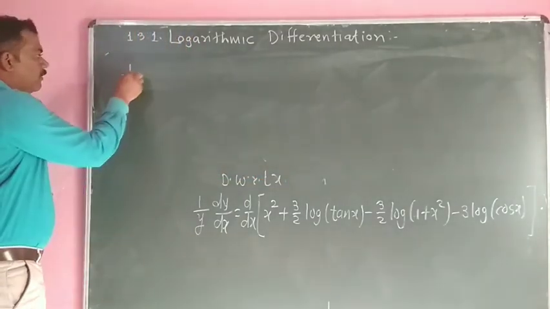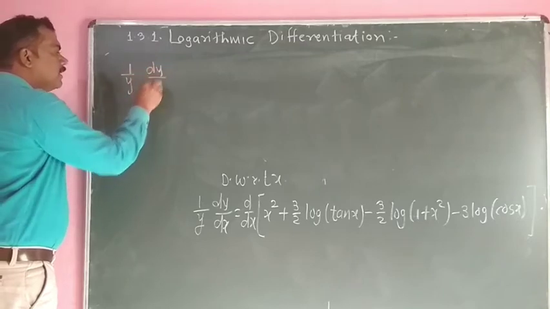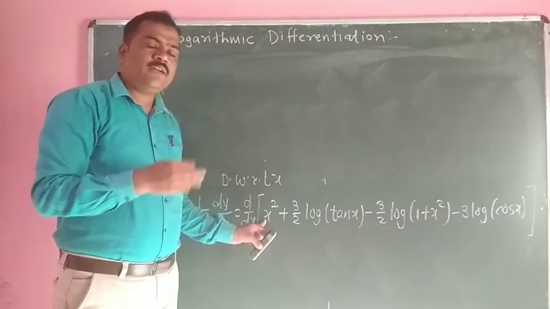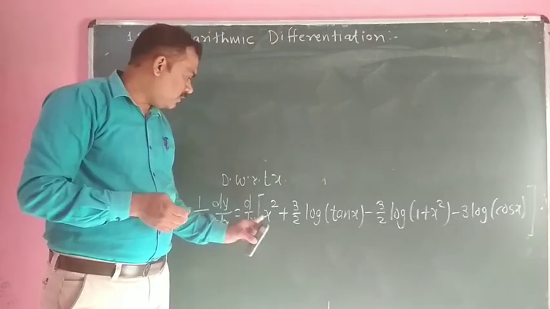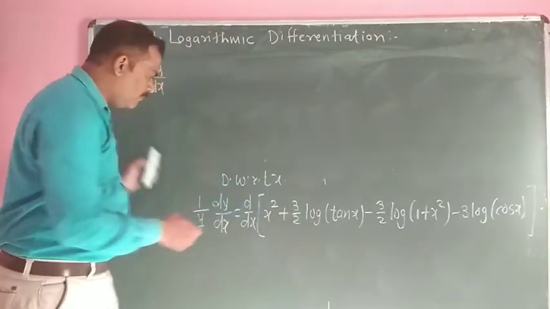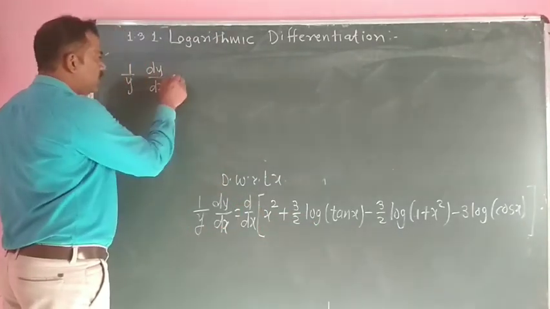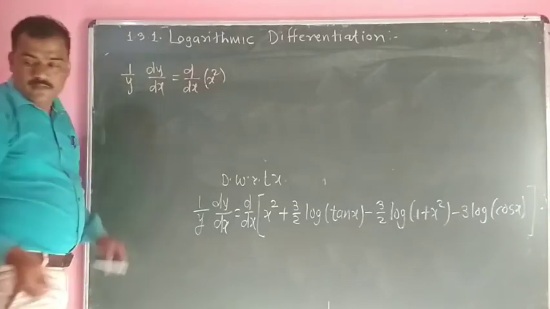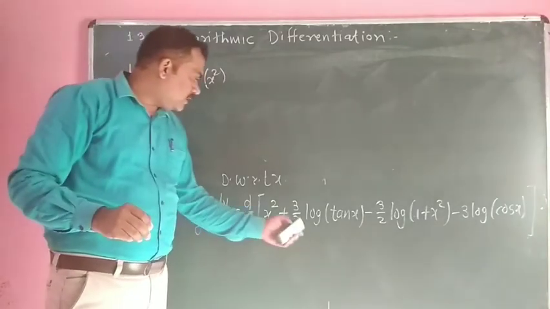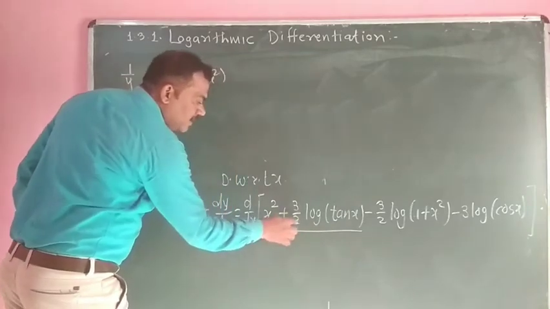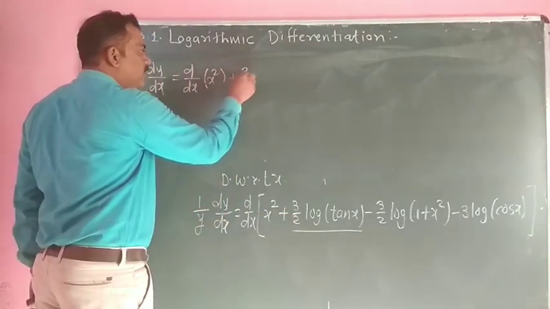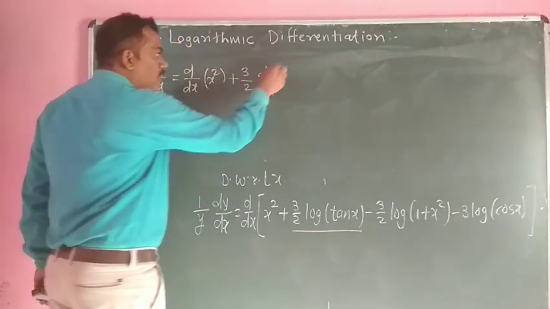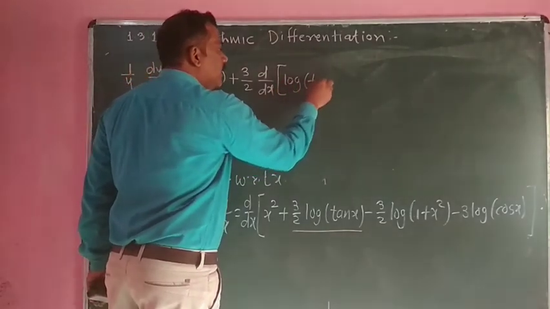So we get 1 upon y into dy by dx. By using the rules of the derivative, or the algebra of derivatives, we take the separate derivative of each and every term. First we differentiate x square, that is d dx of x square, plus, for the second term, 3 by 2 is a constant, so we take it outside the derivative: plus 3 by 2 into d dx of log of tan x.